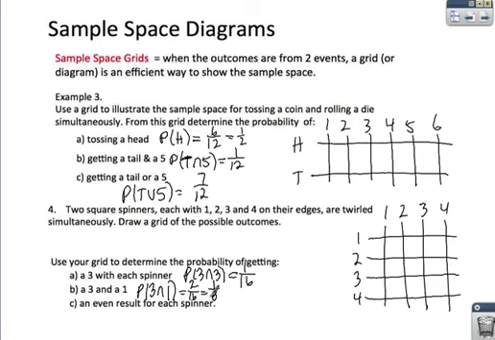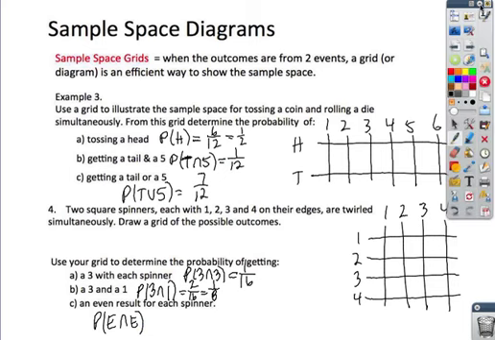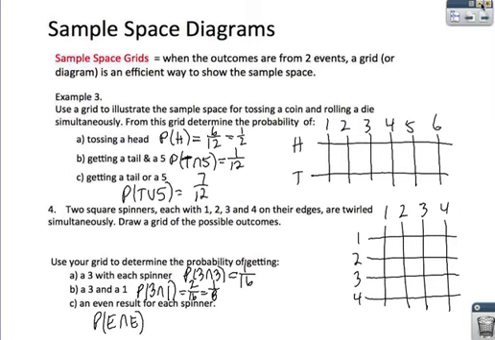And then lastly, an even result on each spinner. So we want the probability of even and even. Again, probably helpful to identify the intersections that involve even and even.